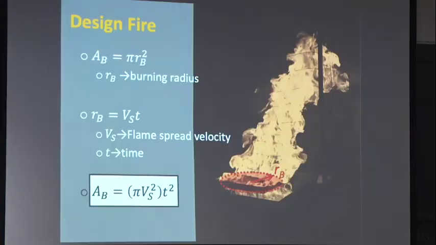Then I explained that I can transform the area into a circle that is burning from the middle and expanding for design purposes, and calculate the radius as a function of the flame spread velocity multiplied by the time. If I substitute this in here, I get the area as being pi Vs squared times T squared.